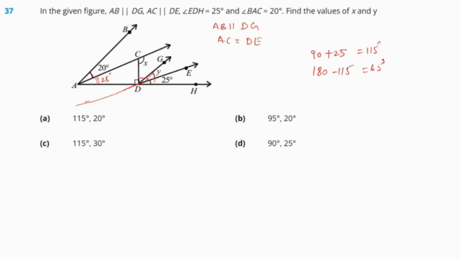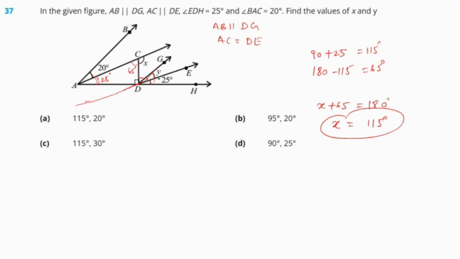So this angle needs to be 65 degrees. If this is 65 degrees, then X plus 65 needs to be 180 degrees. So X needs to be 115 degrees. The value of X is 115 degrees.